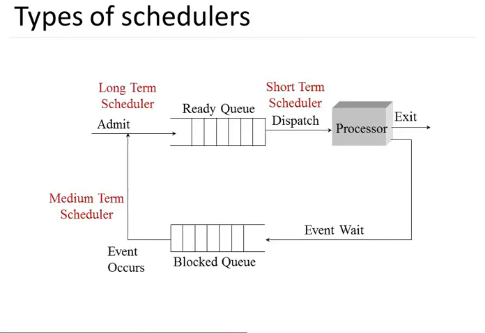Let me show you in this diagram. You can see that whenever a process is being executed by the CPU, it cannot go directly back to the CPU again. It has to come to this ready queue. It has to wait. It cannot directly get the CPU again.